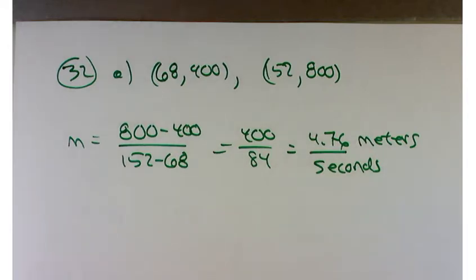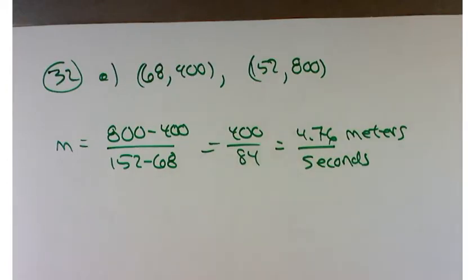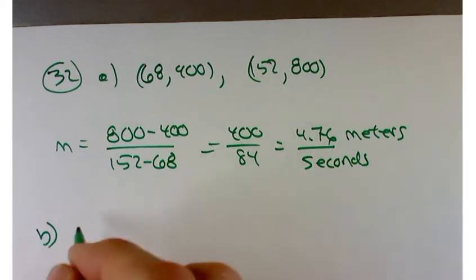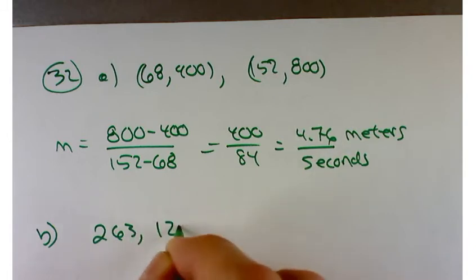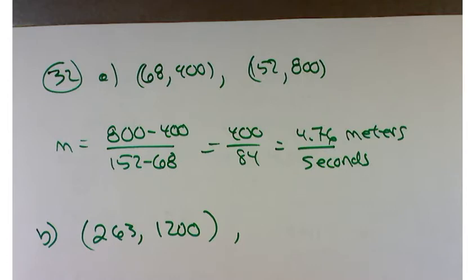So what was the average rate of speed between 263 and 412 seconds? So they're asking us to do this again. Let's just do this one last one here. So 263 went along with 1200. And let's see, 412 went along with 1600.